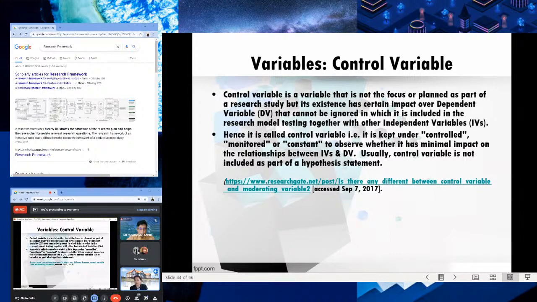Another variable that you also need to consider, or maybe you use it or maybe you do not, but it is important to understand, is the control variable. What is a control variable? It is a variable that is not the focus of the research, but it exists and has a certain impact on the dependent variable.